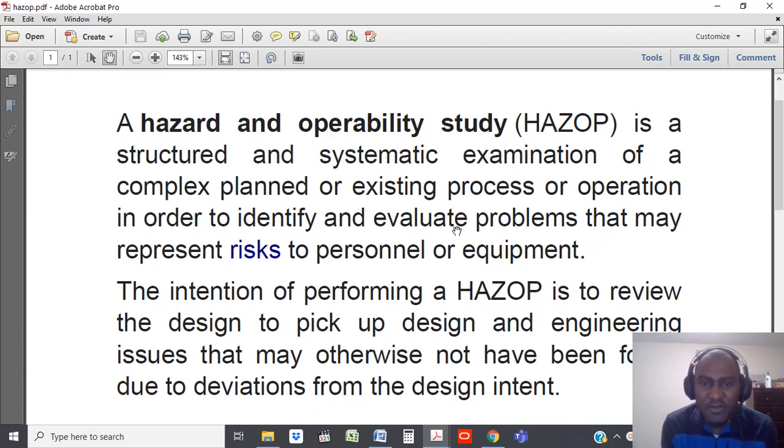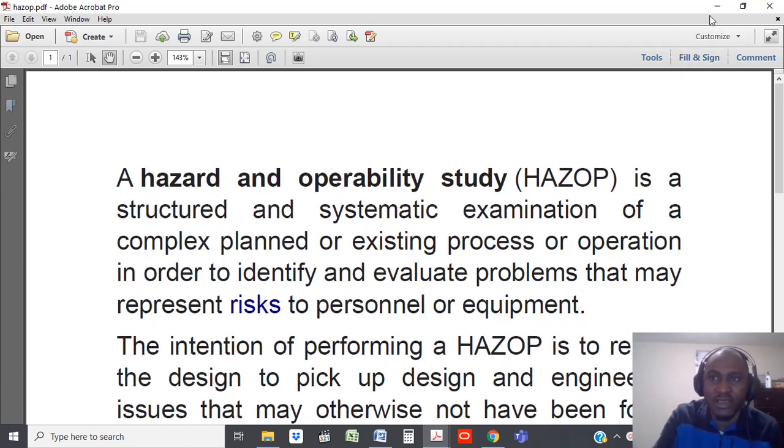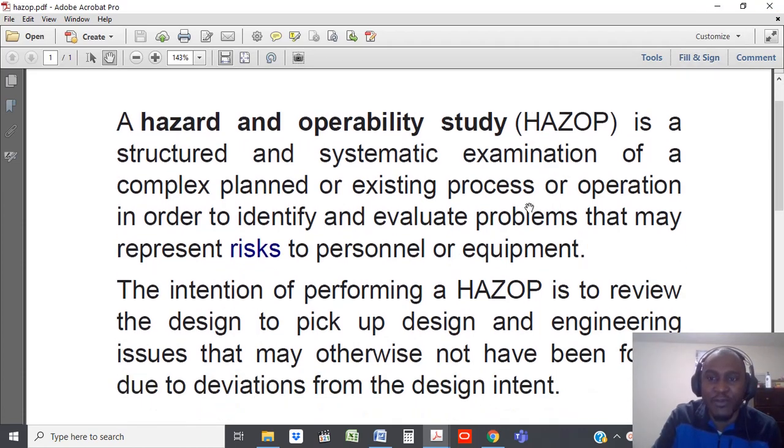The intention of performing a HAZOP is to review the design, to pick up design and engineering issues that may otherwise not have been found, and these issues could come about due to deviations from the design intent.